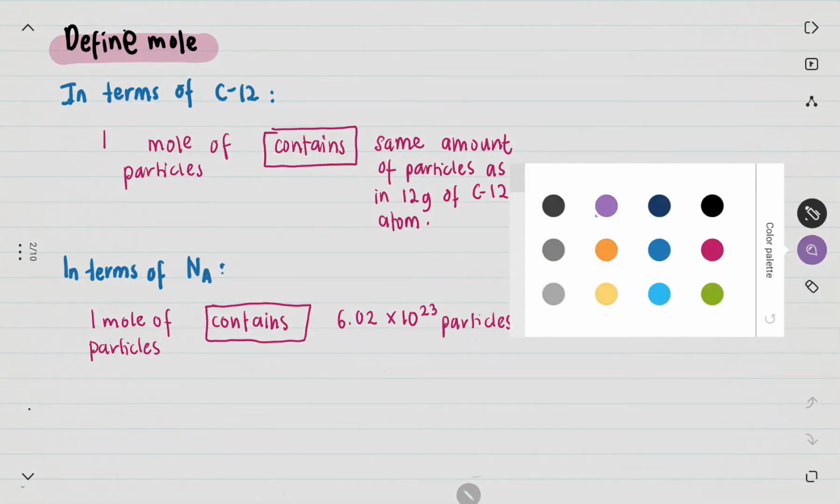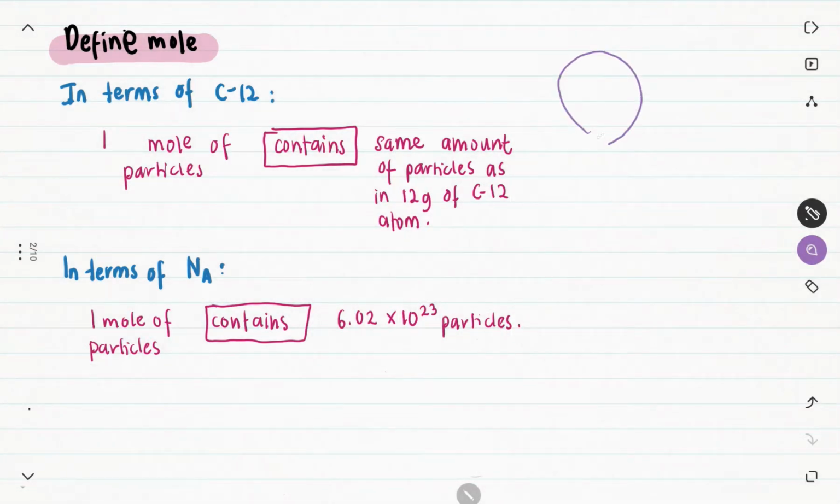So for example, if we have a balloon that contains 1 mole of gas, the amount of gas particle inside the balloon will be the same as the amount of particle in 12 gram of carbon-12 atom.